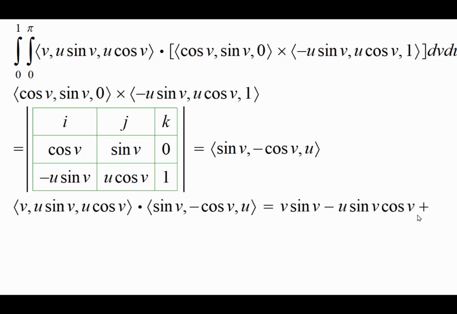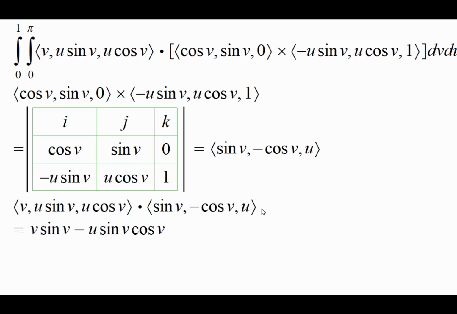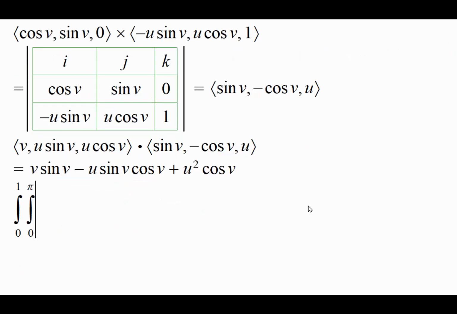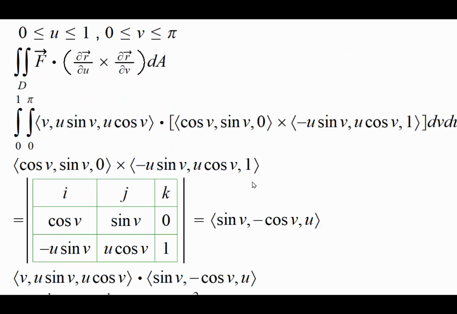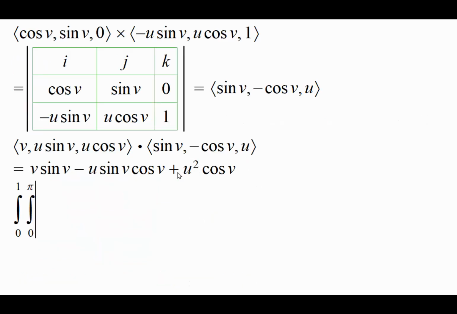Let me just take it into the second line because it's not going to fit here. So yes, what we get here at the end is u square cosine v, right? And now we are ready to integrate here. So what we shall do is take the integral with the limits, and then next we get the dot product of these two, which we just computed right here.